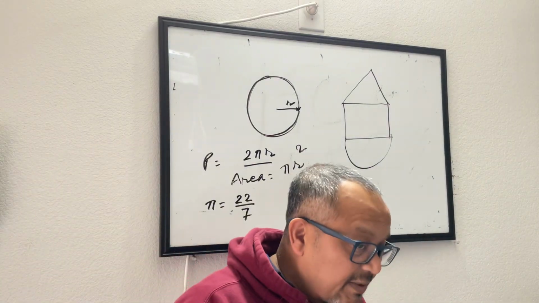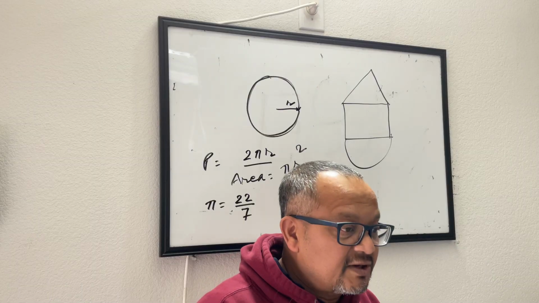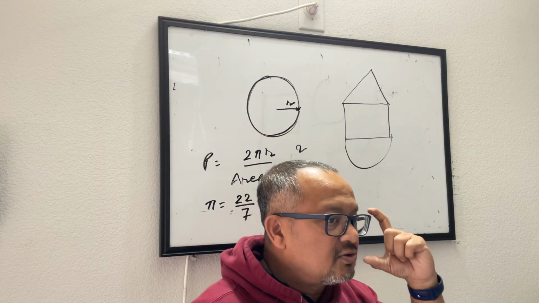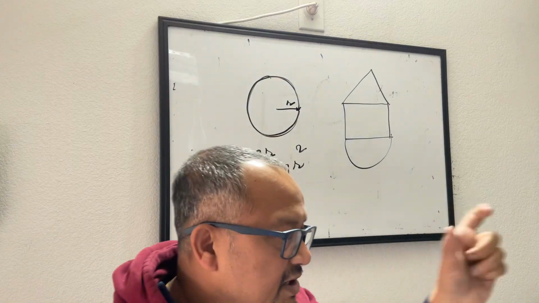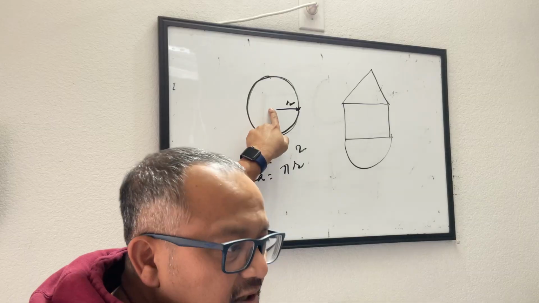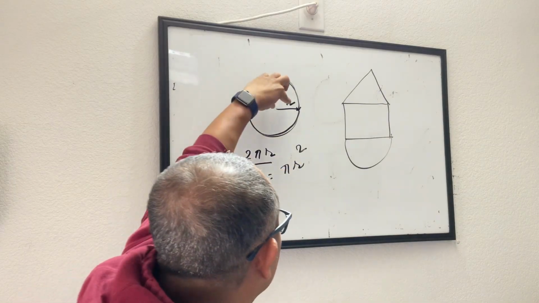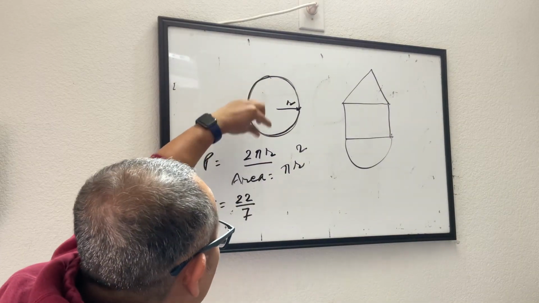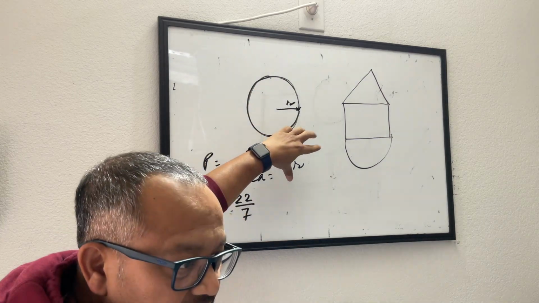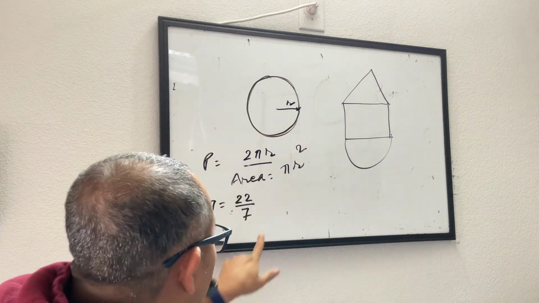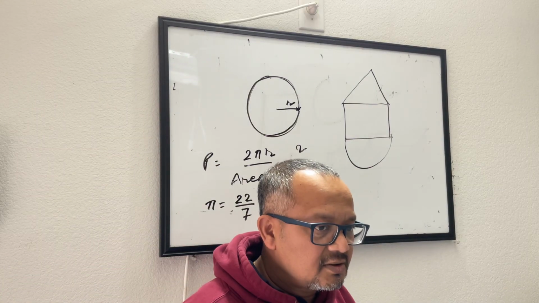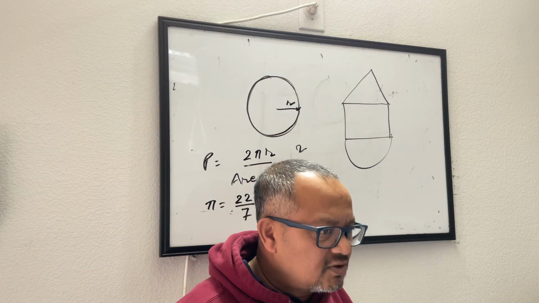Now, if you relate it back to the first statement I made when we started the class, I said if you want to know about a circle, you need to know only 2 things: the radius of the circle, and where your center is. If you know the radius, you can find out the perimeter. If you know the radius, you can find out the area, which is pi r squared. Because pi remains fixed, you just plug in the value of r and you're good. Are you guys with me so far?